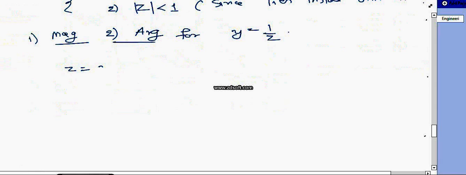z is equal to x plus iy, so 1 by z is equal to 1 upon x plus iy.